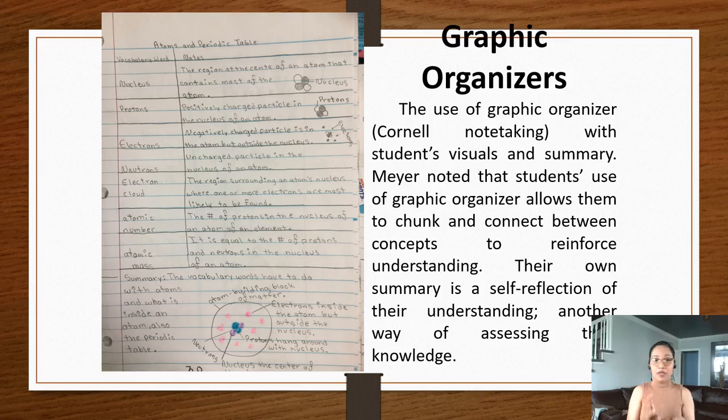They can use any way that they can demonstrate their understanding and then make them say it, write it, or express it in different modalities, because the more that they use language, the better they're able to develop their understanding.